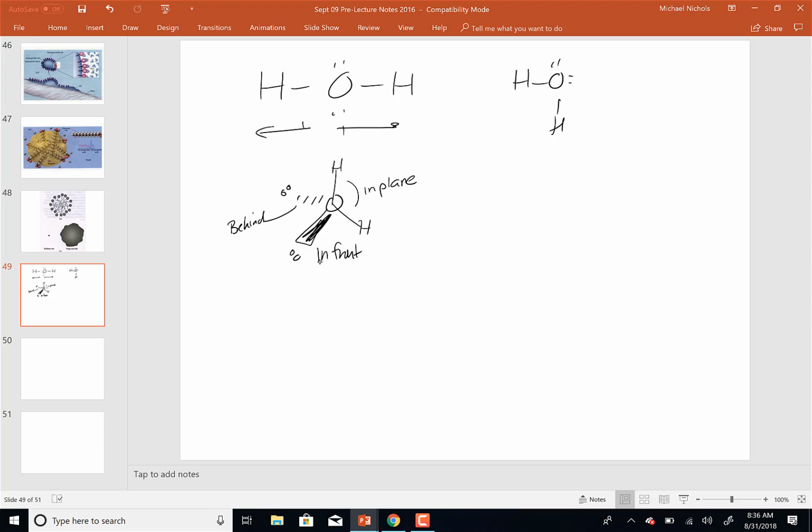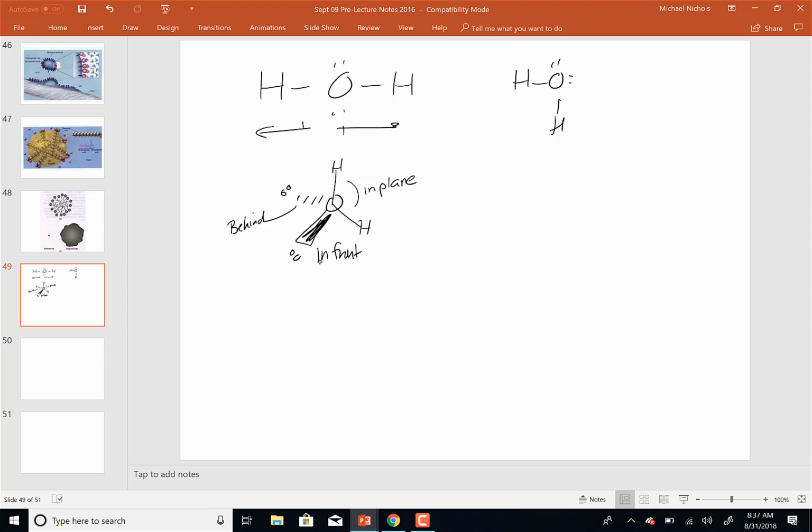So the way I'm going to represent a tetrahedron in three-dimensional space on a two-dimensional surface is two bonds in the plane, a bold wedge in front, and a dashed wedge in back. And so that's a tetrahedron.